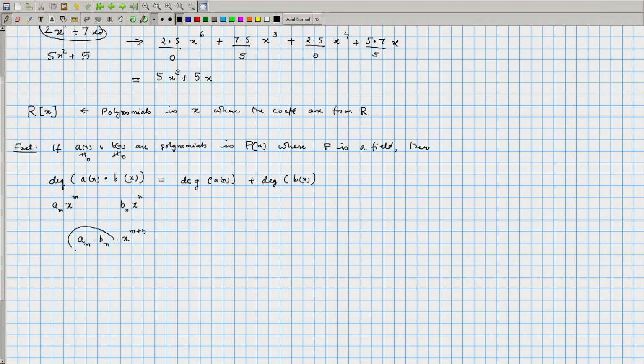And since a_m and b_n are non-zero elements of a field, they cannot multiply to give a 0 element. So, x raised to m plus n will have a non-zero coefficient, and that is going to be the term of the highest degree, and therefore, the degree of the product would be equal to m plus n.